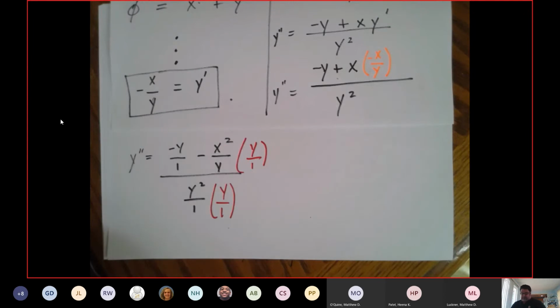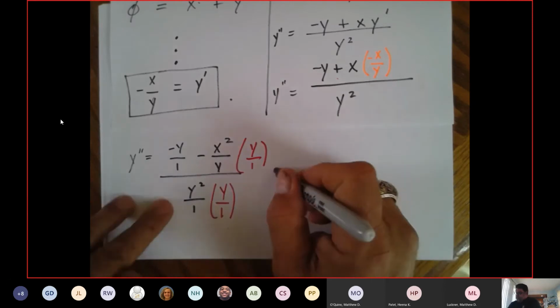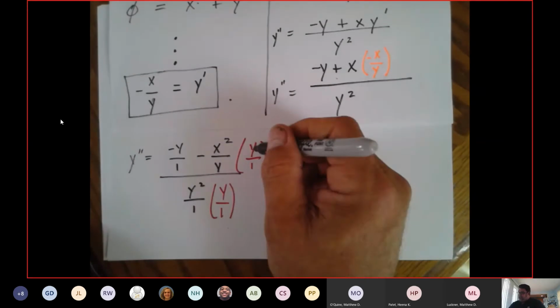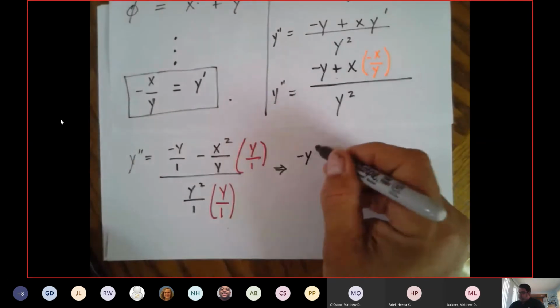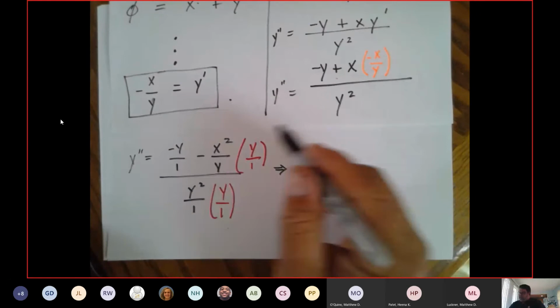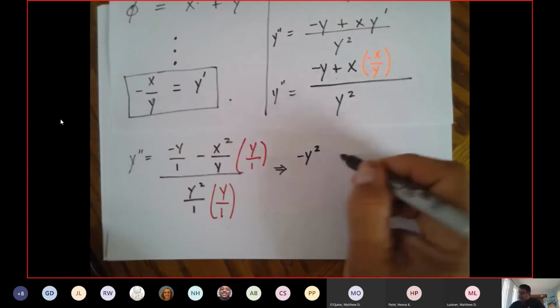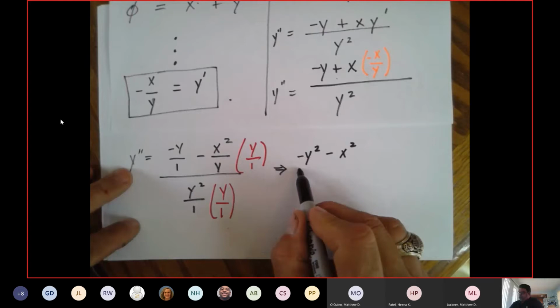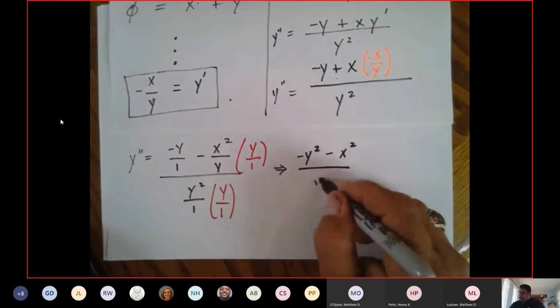And that's going to give me, remember, this is all algebra stuff. Algebra tricks. Negative y times y is negative y squared. Y's cancel, minus x squared, all over y to the third.